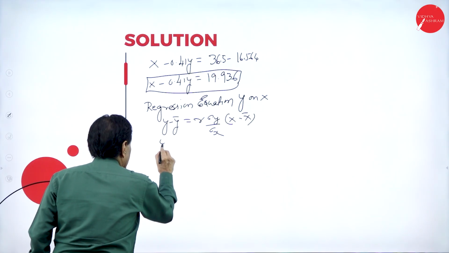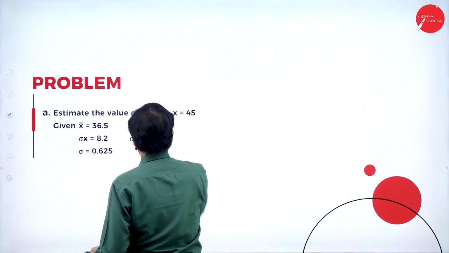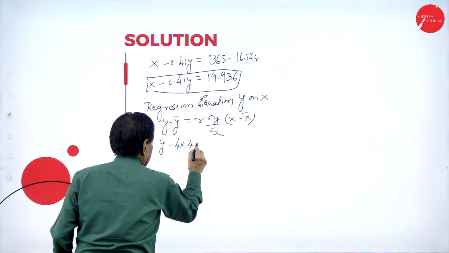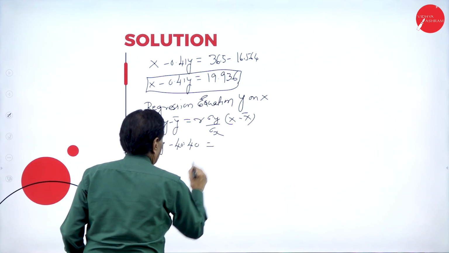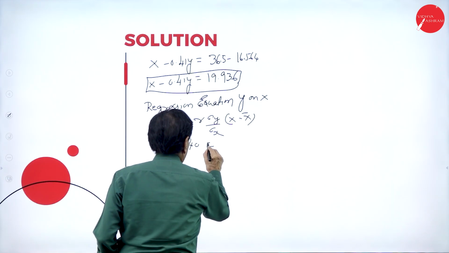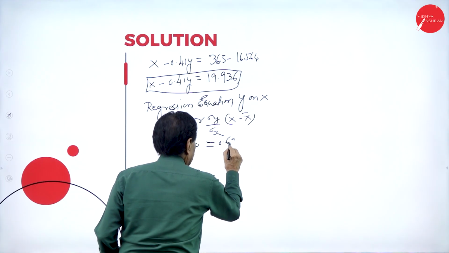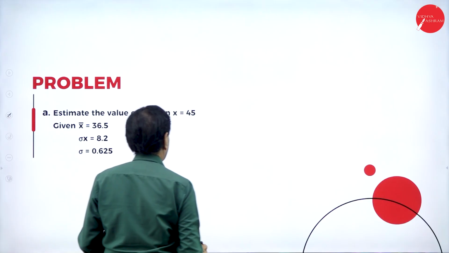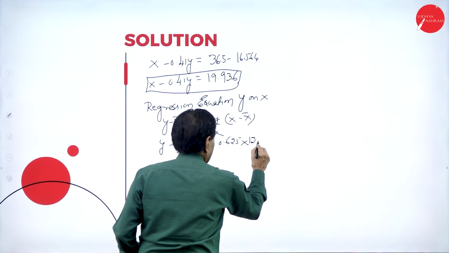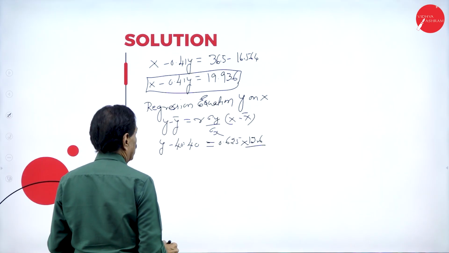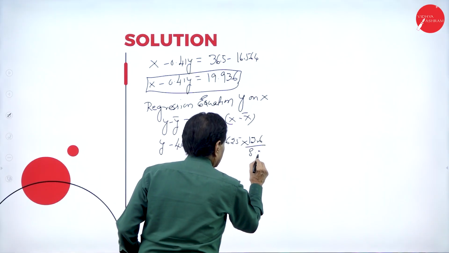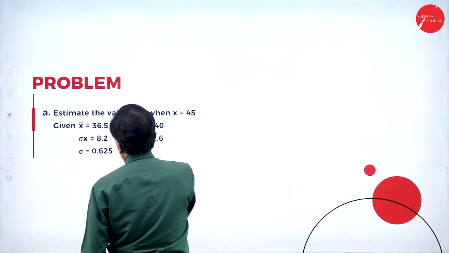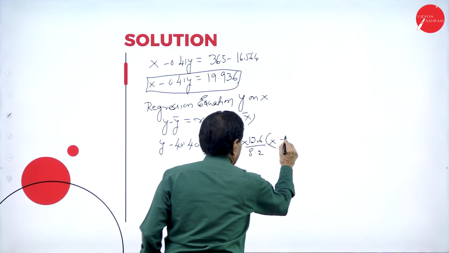Y minus y mean, 40.40, equals 0.625 into standard deviation y, 12.6, divided by 8.2, into x minus x mean, which is 36.5.